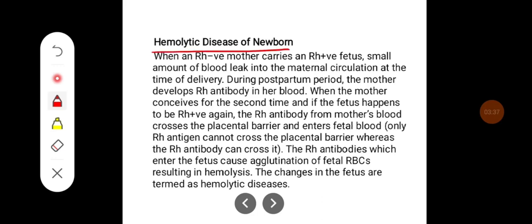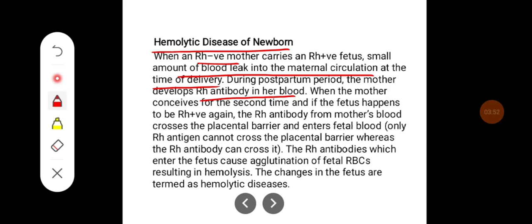Hemolytic disease of newborn. When an Rh negative mother carries an Rh positive fetus, a small amount of blood leaks into the maternal circulation at the time of delivery. During the postpartum period, the mother develops Rh antibody in her blood.